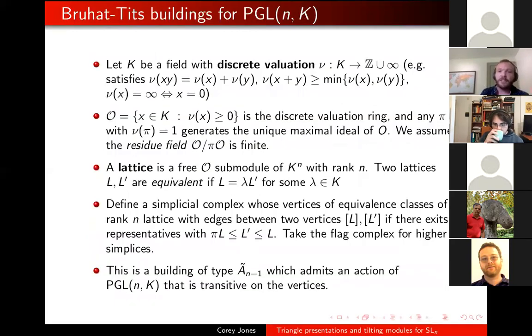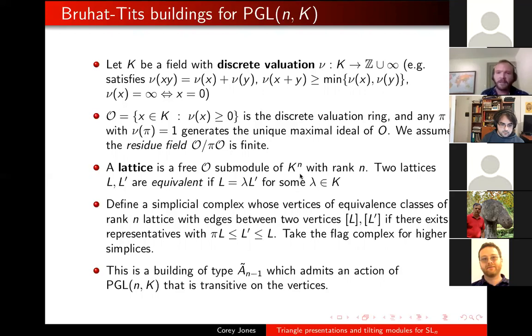And so here's an example. I won't go into too many details about this in the interest of time, but these are the so-called Bruhat-Tits buildings for the group PGL_n(K), where here K is a field with discrete valuation. You can build an affine A_{n-1} building where the vertices are lattices over the discrete valuation ring inside K^n.